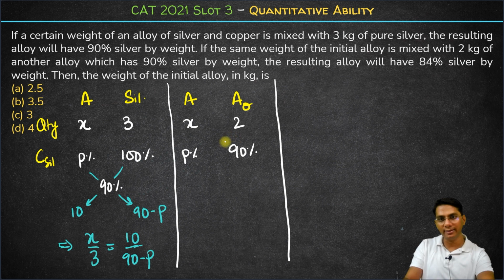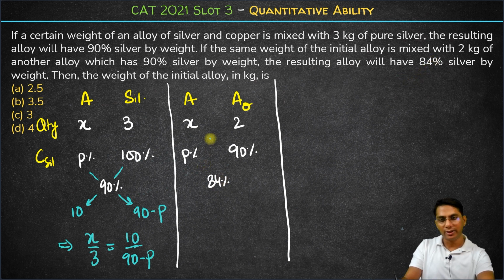And now in this case, the combined mixture will have 84% silver by weight. So this will be 84%, right? So if the same weight of initial alloy is mixed with 2 kg of another alloy, which has 90% silver by weight, the resulting alloy will have 84% silver by weight.